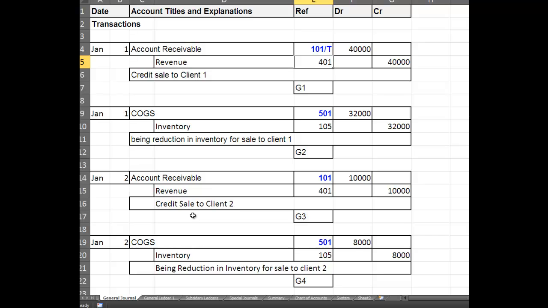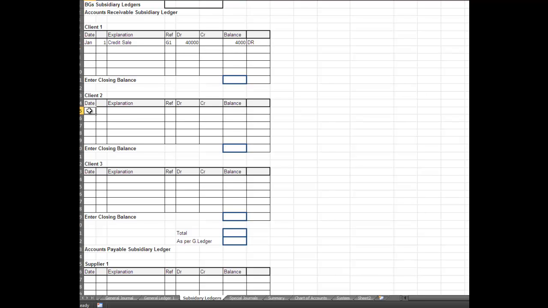Now let's do the next one. Client 2 credit sale is $10,000. Subsidiary ledger, January 2, credit sale, reference G3, debit $10,000, $10,000 is the balance in debit.